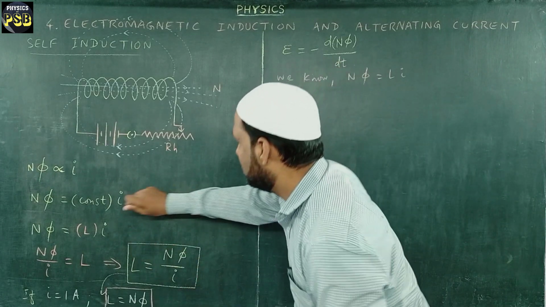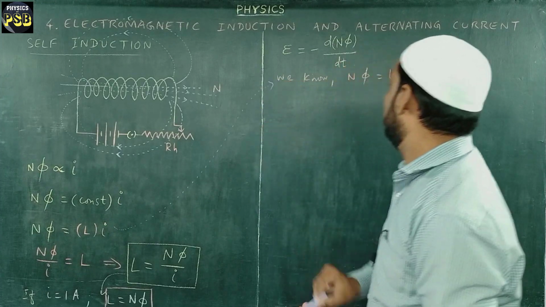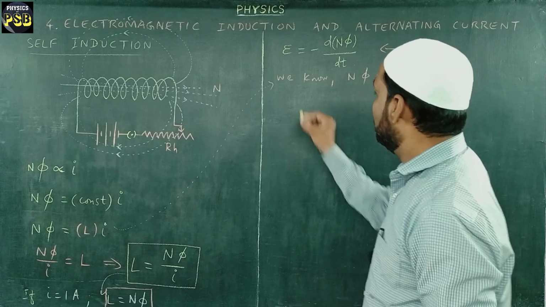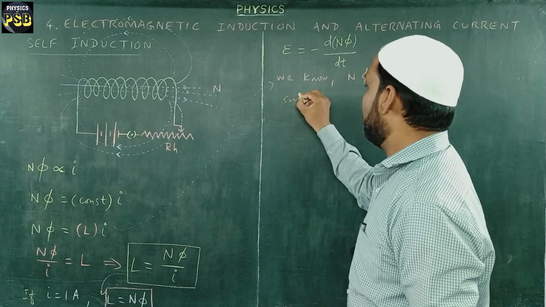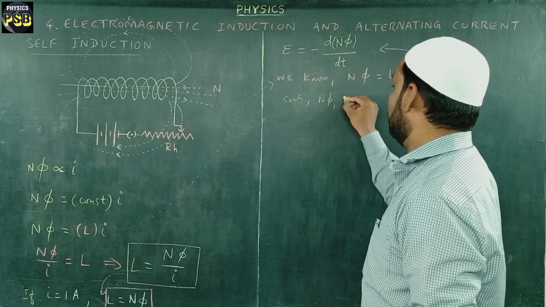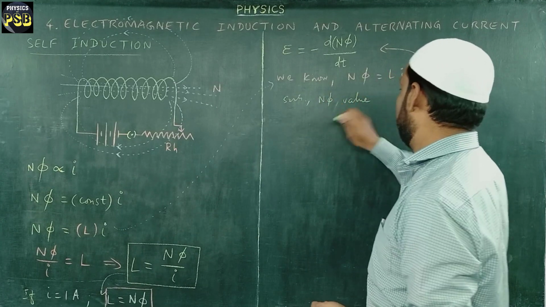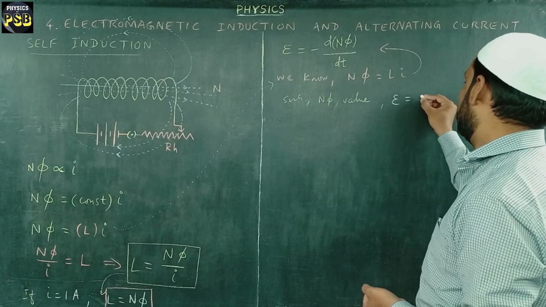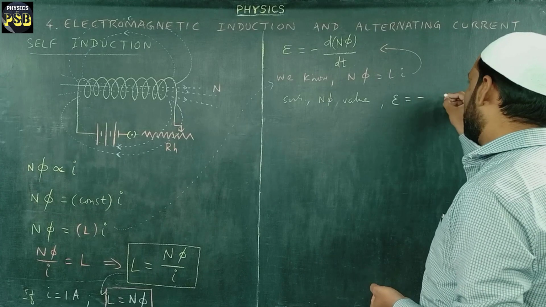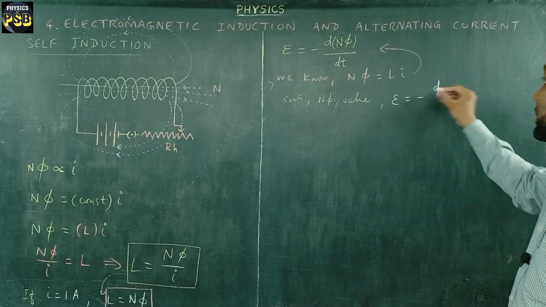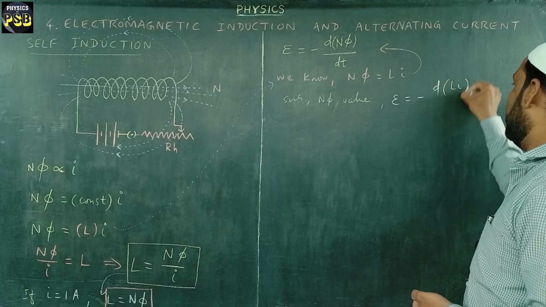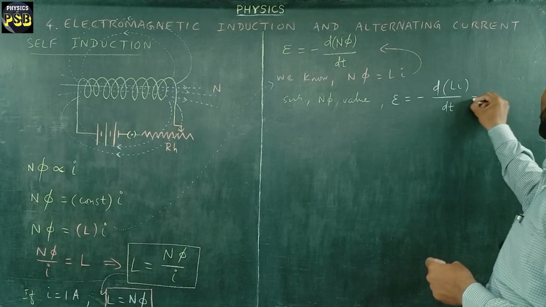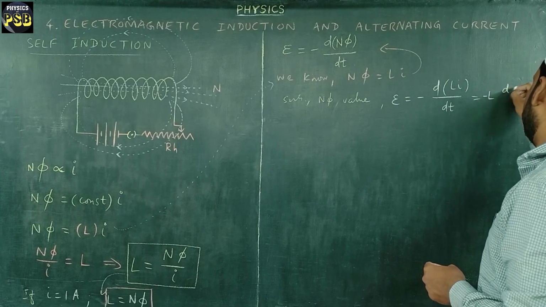Now I'm going to substitute this in the other equation. What do I get if I do so? Substituting the N phi value, I get epsilon equals minus d of L i divided by dt. Here L is a constant, so it is taken out: minus L di upon dt.